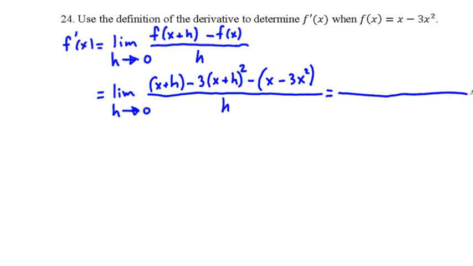And all this is going to be equal to, we're going to expand out, and I'm not going to have a whole heck of a lot of room here, but we're going to have x plus h, writing this real small, and we have minus 3 times x plus h squared.